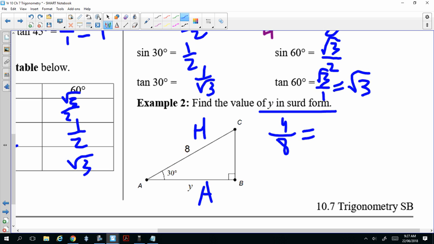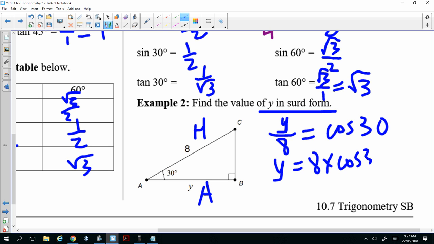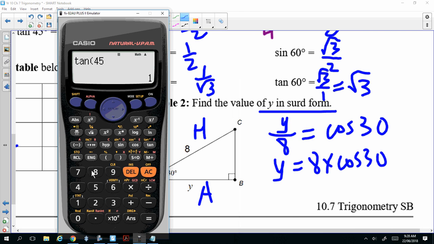But when they say exact value, you're not expected to use your calculator to do 8 times cos 30, because it gives you a decimal. It doesn't give you a surd on the calculator. Therefore, we have to know what cos 30 is.